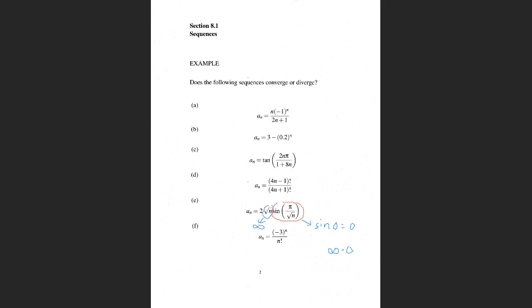That's right, Samuel. It's an indeterminate form. So we're going to utilize L'Hopital's rule to help us. We're going to look at the function 2 times the square root of x times the sine of pi over square root of x and see what that limit is. And based off of that, we can learn about what our sequence will approach. Okay, so let me show you how that works.